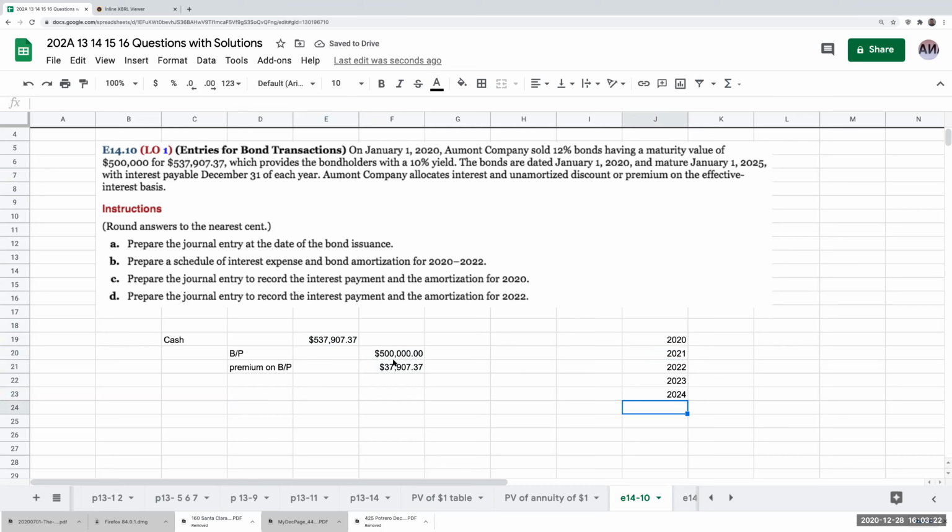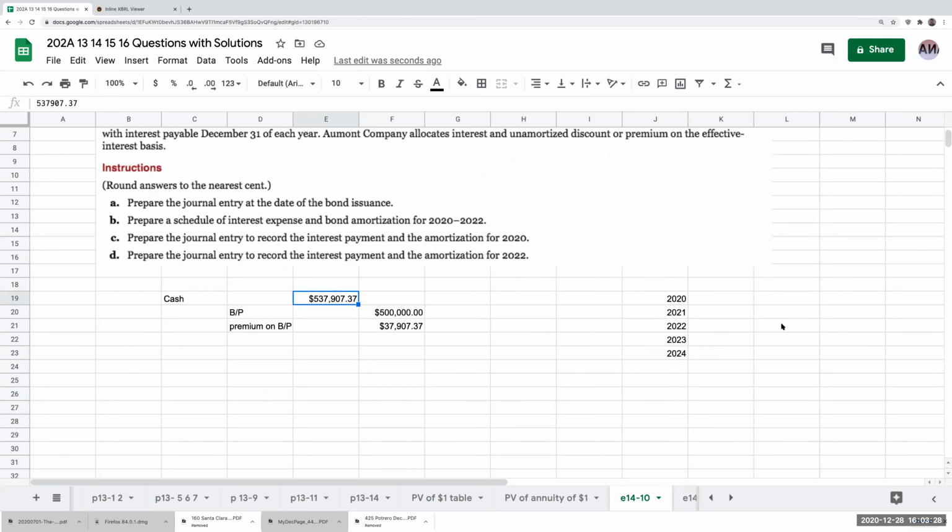If we were to see how they came up with this amount, in terms of the bond valuation, the face value of the bond is 500,000. When a bond is being repaid, I treat it like an interest-only loan.